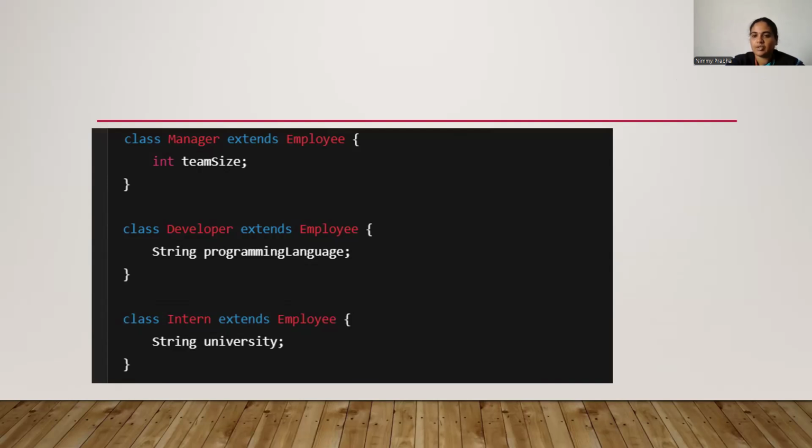With the help of extends, the properties come from Employee to the Manager class, the Developer class, or the Intern class. Each class has some attributes of its own. In Manager, team size is there. In Developer, programming language is there, and its data type is String. University is the attribute for the Intern, and the data type is String.